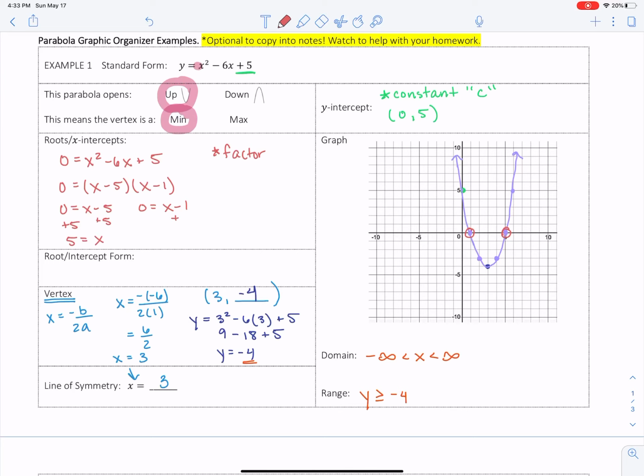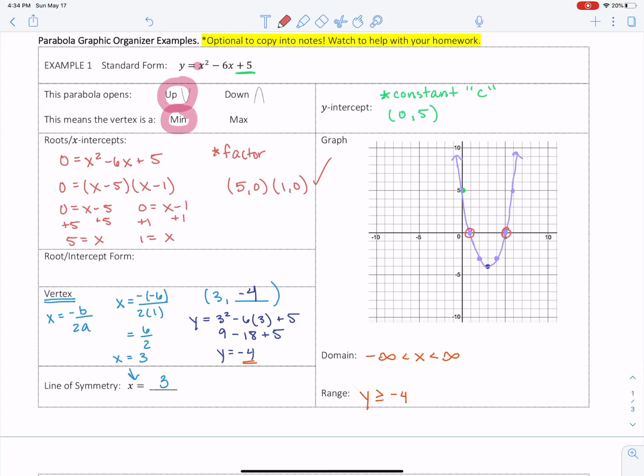There's one of my points. So my 2 points here are (5, 0) and (1, 0). And if we check it on our graph, those are exactly where it's crossing the x-axis. So these work out perfectly.